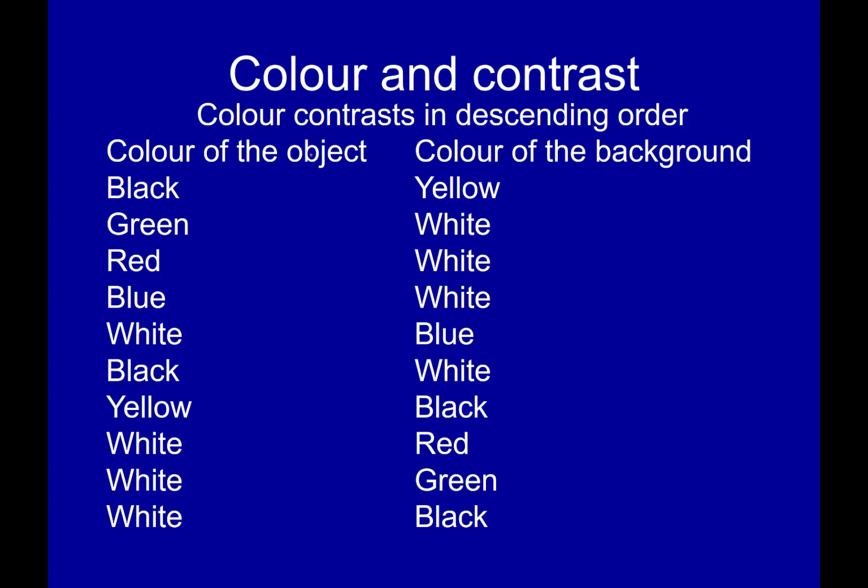So like the color of the object black, and the corresponding background color is yellow, then green, white, red, white, blue, white. The object color is white, then it is blue. Black, white, yellow, black. So the object colors and the corresponding background colors which give you good contrast are used suitably.